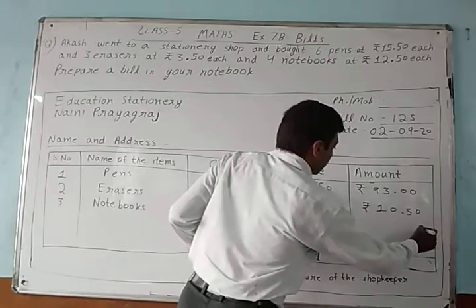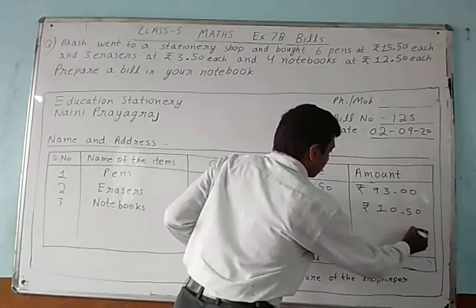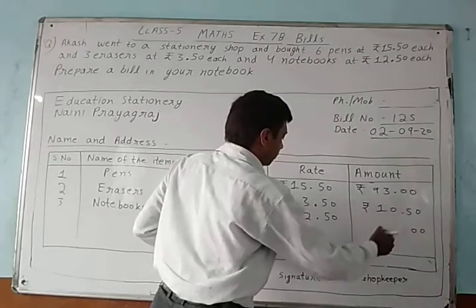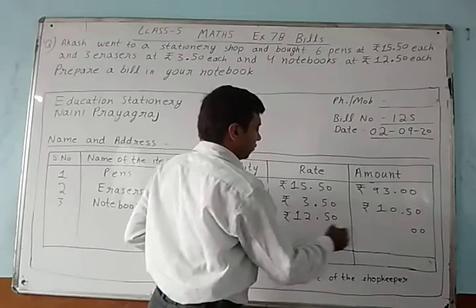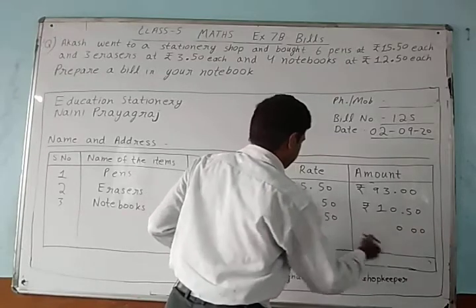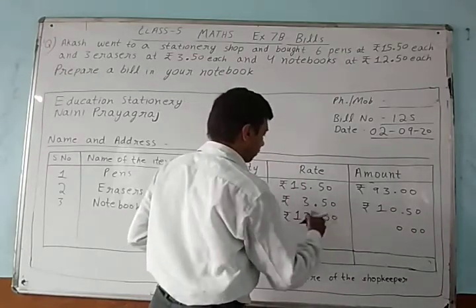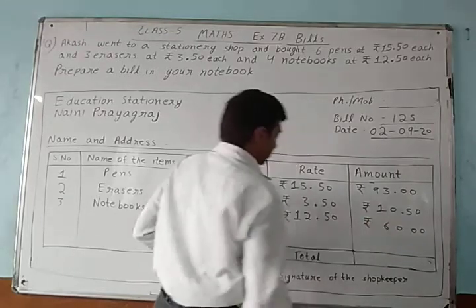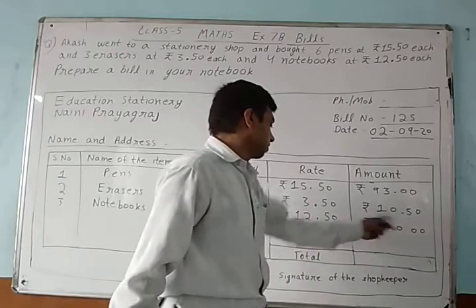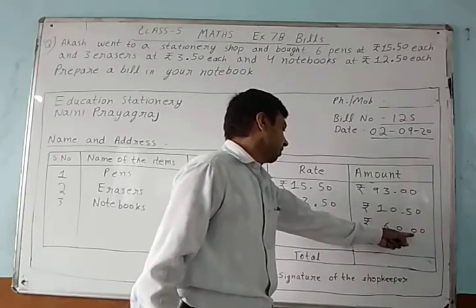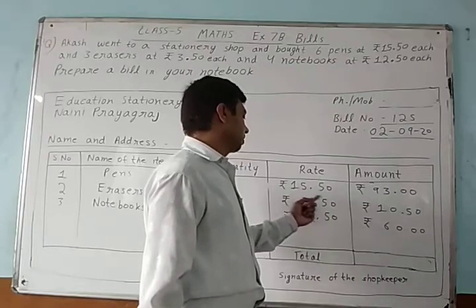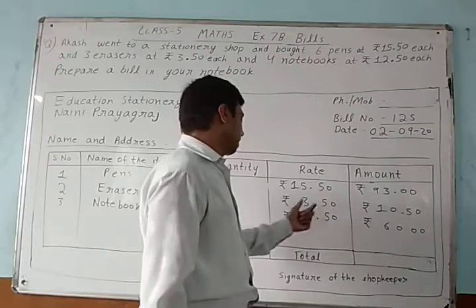Multiply. 4 times 0 is 0, 4 times 5 is 20, 2 carry. 4 times 2 is 8, plus 2 is 10, write 0, 1 carry. 4 times 1 is 4, plus 1 is 5. So 50.